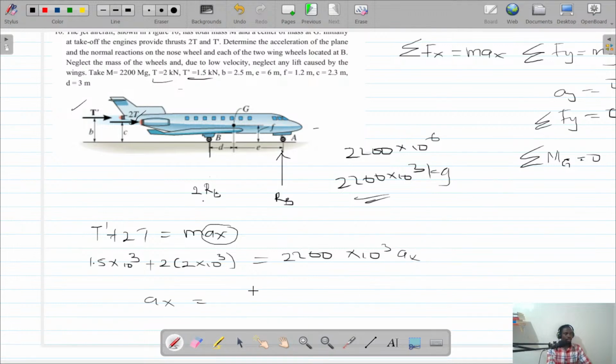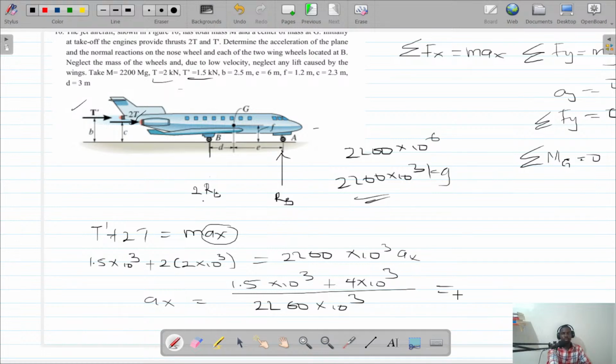So AX should be equal to 1.5 times 10 power 3 plus 4 times 10 power 3 all over 2200 times 10 power 3.